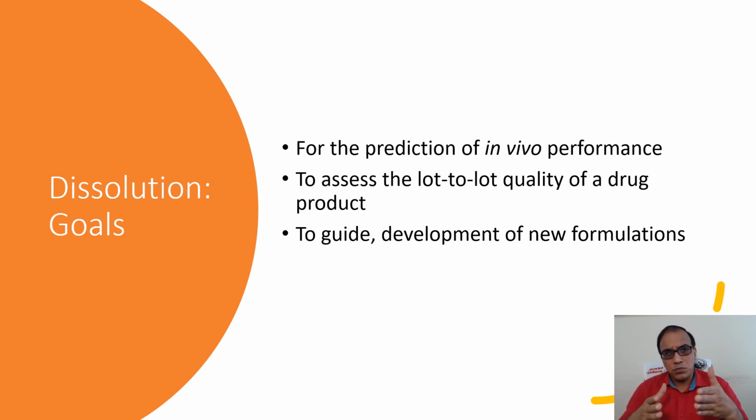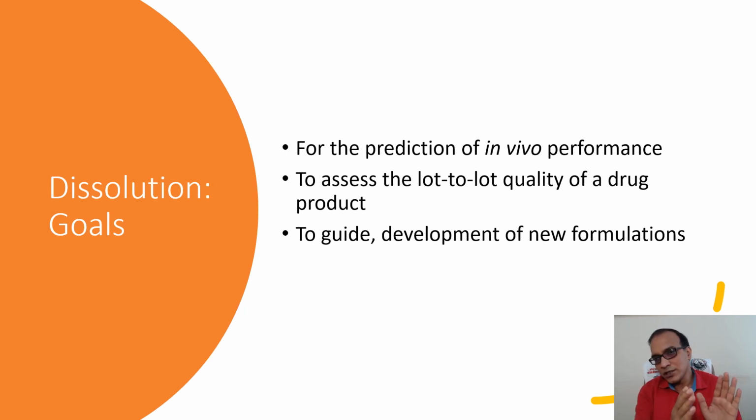Now, if we want to elaborate the first point, that is prediction of in vivo performance, why prediction? It is not practically possible to go each and every time for the in vivo studies. We perform a set of conditions in vitro and then perform the in vivo study of the same formulation and try to correlate them. That is called IVIVC, in vitro in vivo correlation.